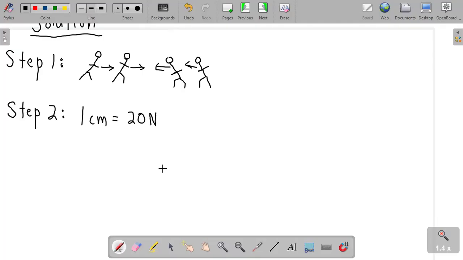And we can say to the right is east, and to the left is west. This is the direction that we chose.